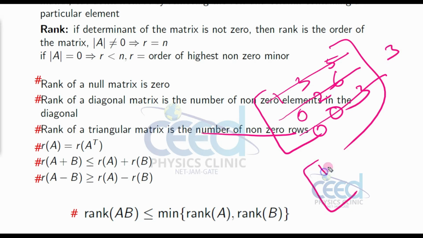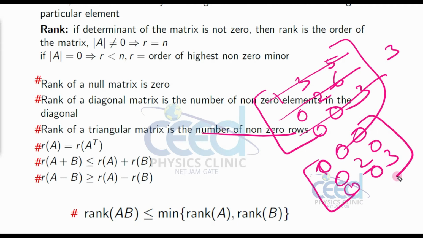Suppose another matrix you consider like this, where this particular diagonal element is 0 and all other elements are 0. What is the rank of this?